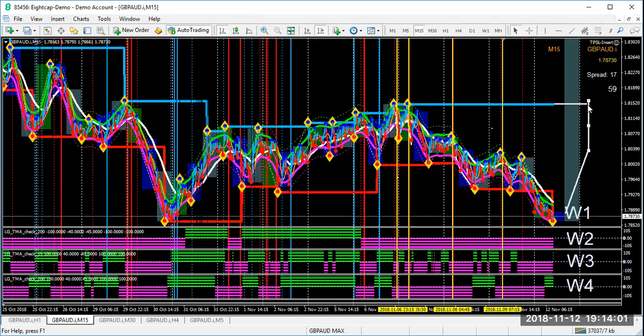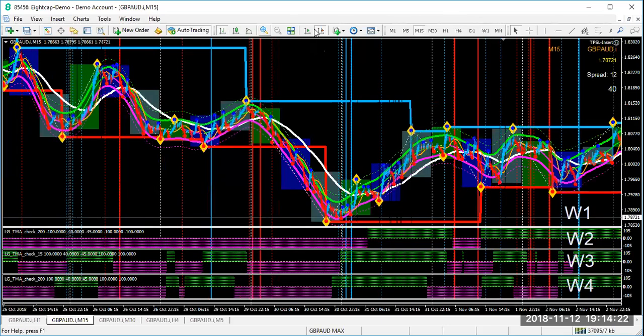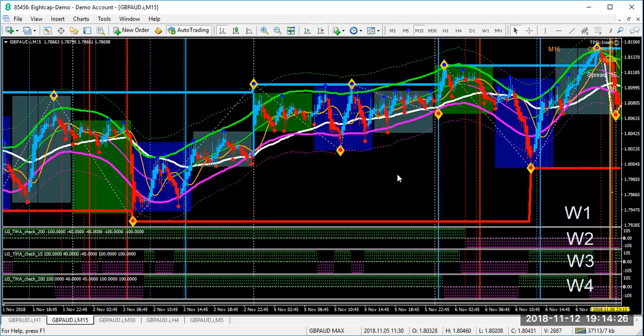Okay, so either price is going to go all the way up there, or the blue channel line is going to come down. Okay, so we've got examples here. I'll make it bigger so we can see a bit more detail.